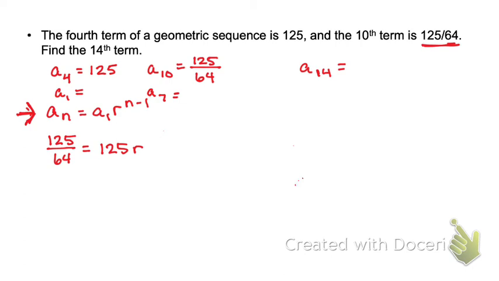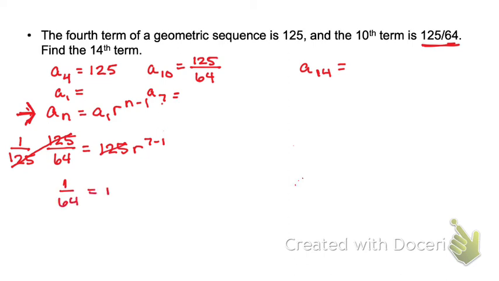What's n? 7 minus 1. Okay, so I've got to divide by 125 or multiply by 1/125th. So what happens to your 125s? They cancel out. They reduce. Same thing.